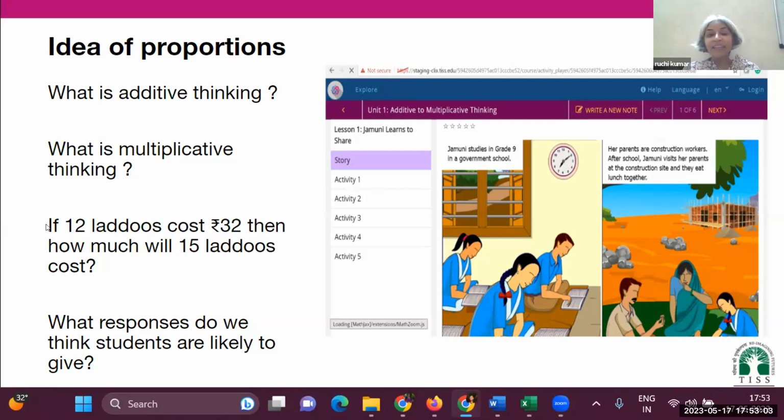So here in this case, suppose there were 21 laddus, and you have to find out the cost for 28 laddus, and the cost is also a multiple of 7.